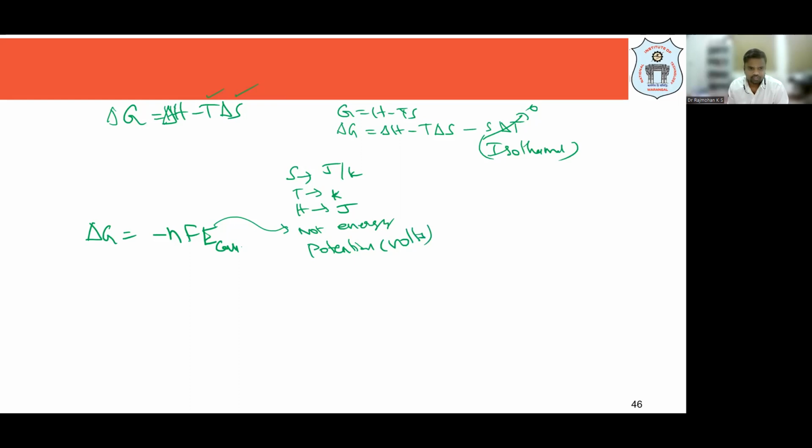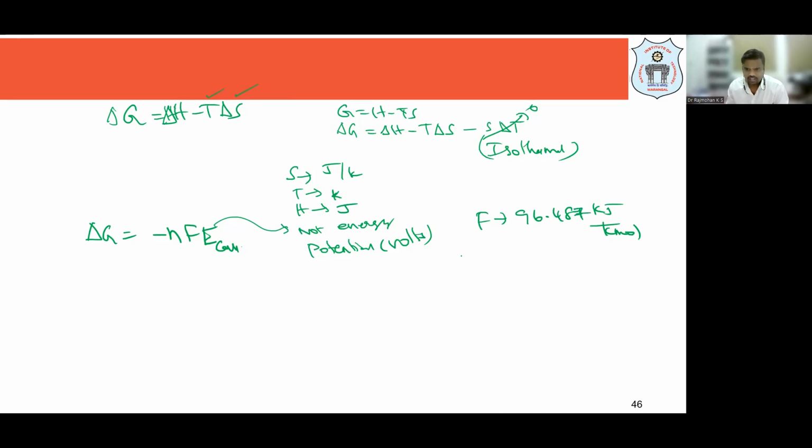F is the Faraday constant. You know the value of the Faraday constant: 96,487 kilojoule per kilomole. Accordingly, if it is per gram mole, you will write it without the decimal point.